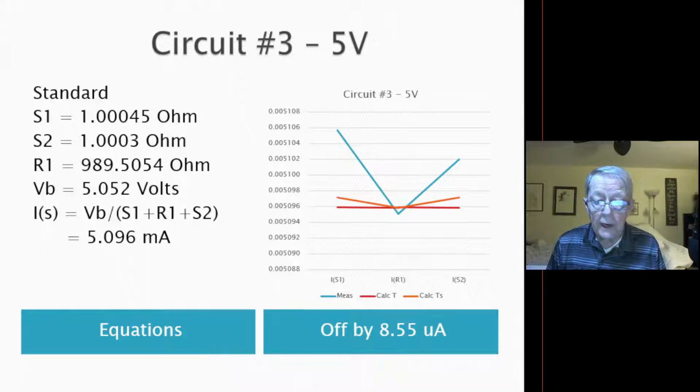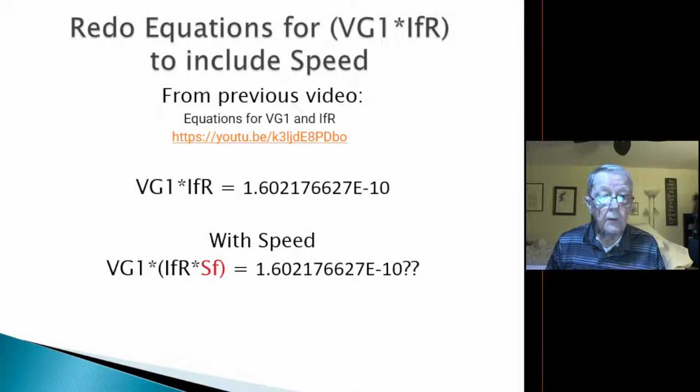So that's my intent next time, and let me go through what I'm going to have to do. There's a separate issue before I can actually do that. A month ago or more, I figured out that the product of my 2 constants, the volts per G1 and the interaction factor, had a fixed value.